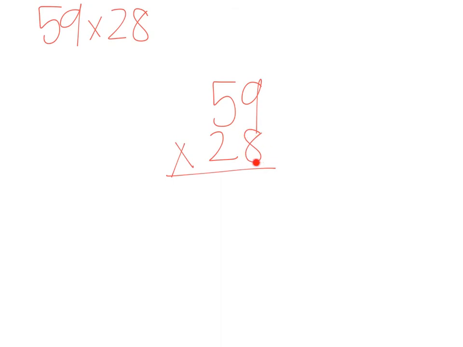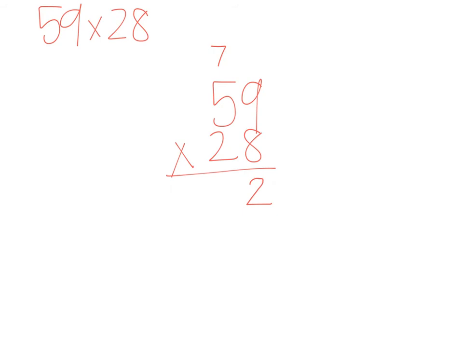And I'm going to do 8 times 9. What's 8 times 9? 72. Now, how am I going to write that 72, Drake? I'm going to carry the 7 up here in the tens place and put the 2 down here in the ones place.